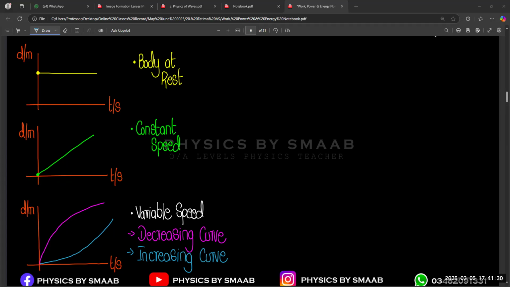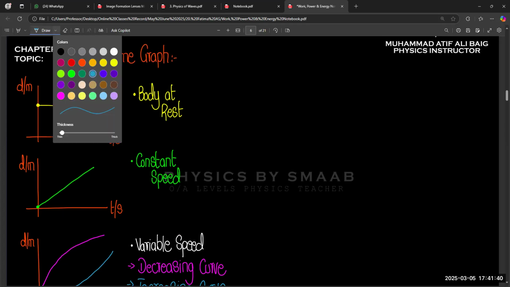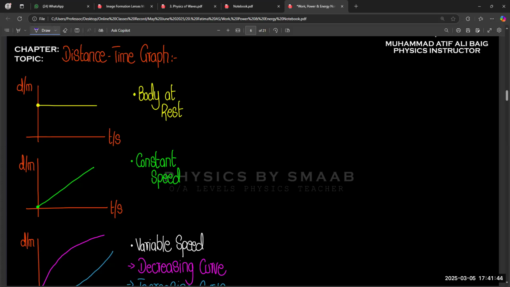So this is the concept of the distance time graph that we already discussed in the previous course. And one more thing in the distance time graph: if they ask about the gradient of the graph, we know that gradient is equal to y2 minus y1 divided by x2 minus x1.